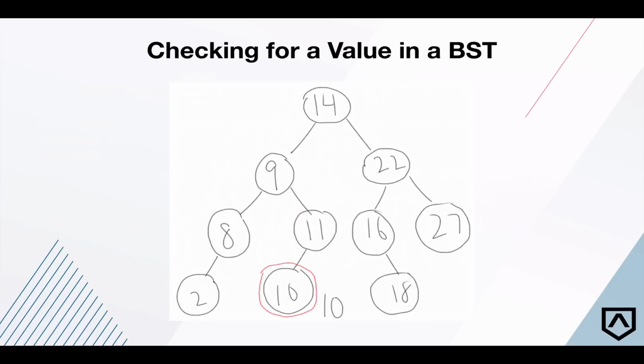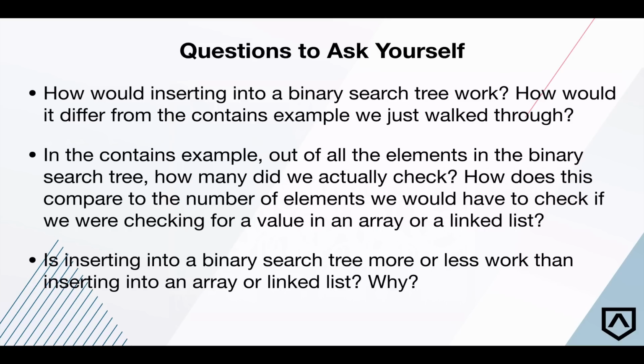And then finally, lo and behold, we arrive at that last leaf node, and we check our initial value 10 with the value at this leaf node, and they happen to match. So now our function could return true to indicate that yes, this input value 10 does indeed exist in our binary search tree. So that's a bit of an example of how we might do a contains check through a binary search tree.